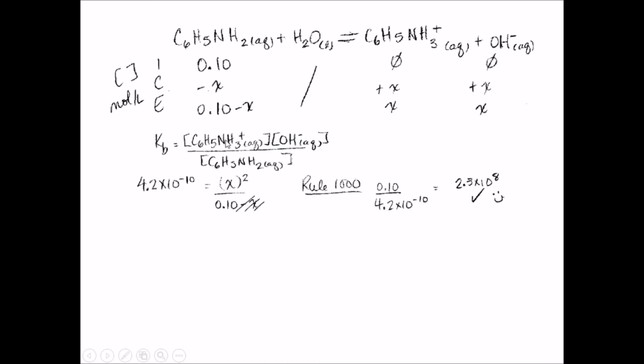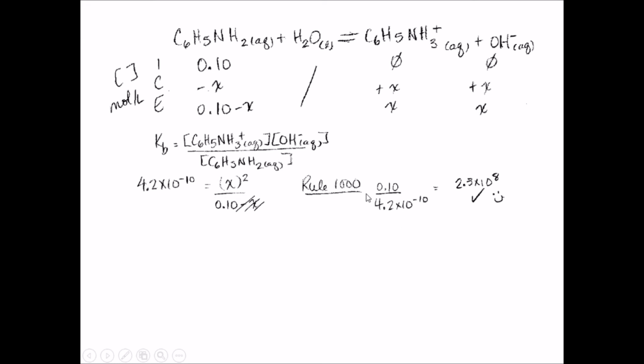Our Kb expression is the products divided by the reactants, which is equal to X times X, or X squared, divided by 0.10 minus X. We have to check to see if the rule of 1,000 will apply for this question. The rule of 1,000 is the initial concentration of the base, 0.10 moles per liter, divided by the Kb.